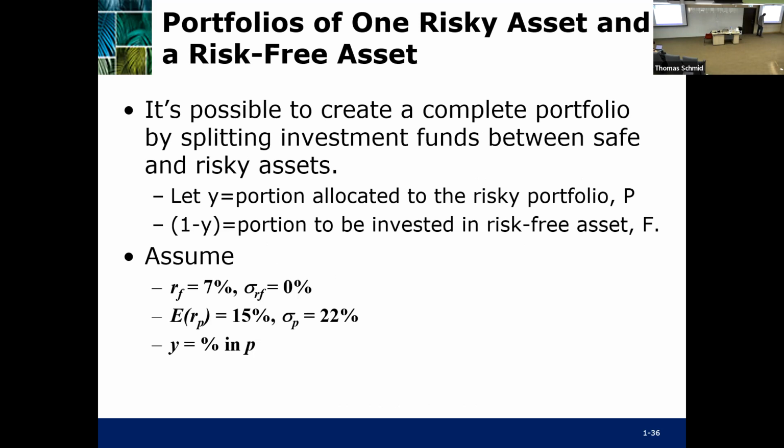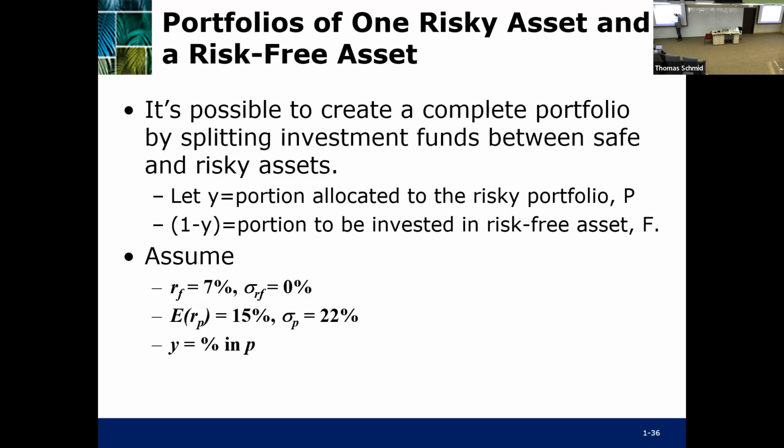In this example, let's say we have a risk-free asset that gives 7% with zero risk, obviously. The risky asset P can be anything: a bond, a stock, a portfolio. It gives 15% and has a risk, a standard deviation, of 22%.